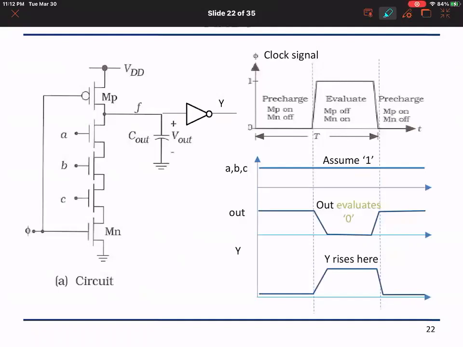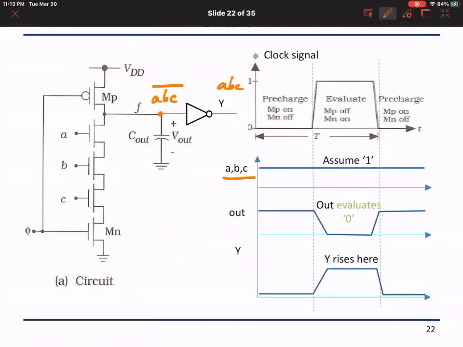So let us take this example. This is the example of, let us see, the pull down network, so this function here is A, B, C bar, and this is really A, B, C. And so what happens during pre-charge, assuming that A, B, C are always 1?